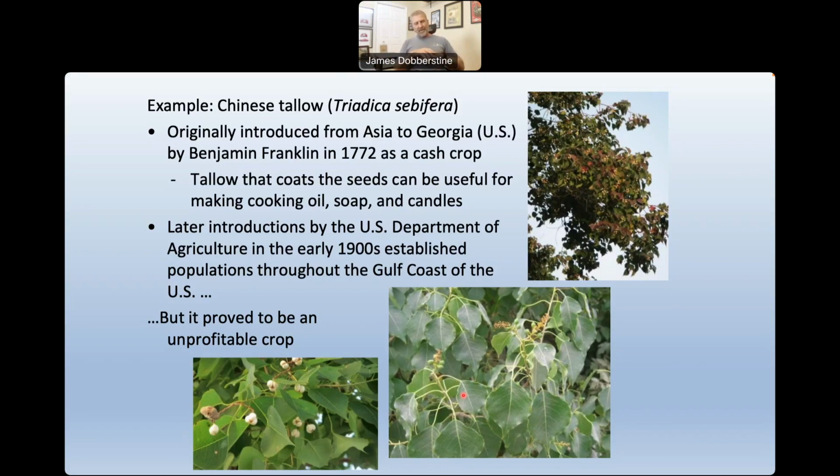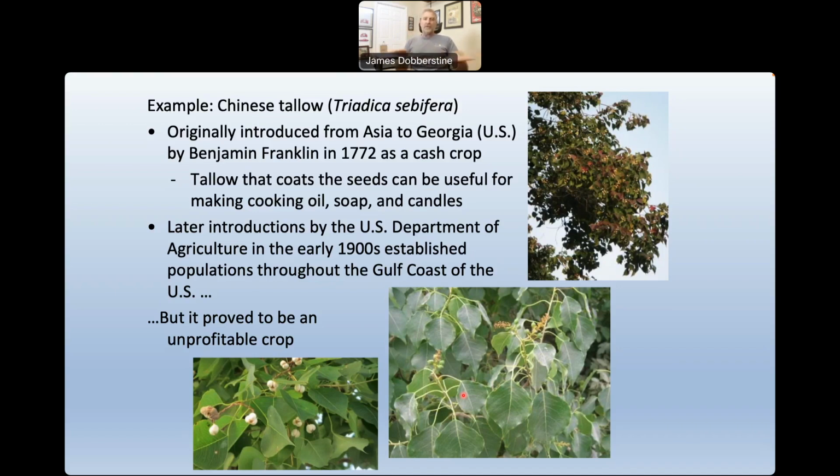So the developers oftentimes would plant these tallow trees because they grow very quickly, and that was very problematic because they spread very quickly as a result, and it's very disturbed habitat, right? So there's a lot of nutrients available and no competition.